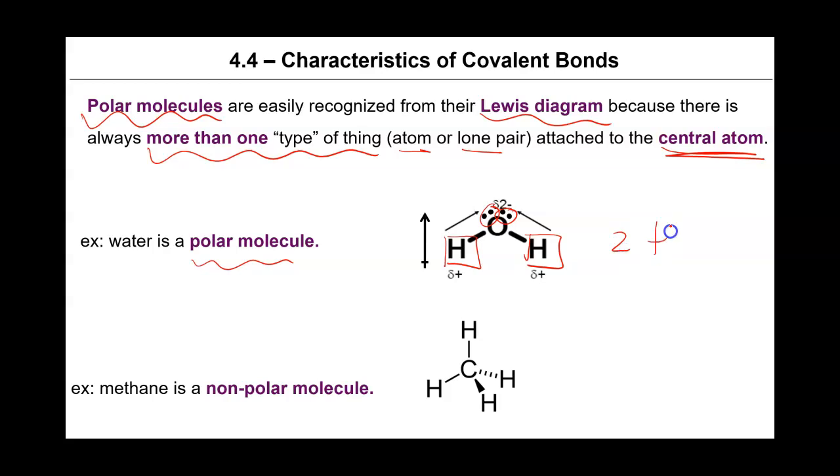So because there are two things on the central atom, the distribution of electrons around the central atom is asymmetric, and we know that this is a polar molecule. Now, methane we can recognize immediately as being a non-polar molecule because attached to the central carbon atom there is only the one kind of thing, which in this case is a hydrogen atom. So methane is a non-polar molecule and it does not have a positive end and a negative end.